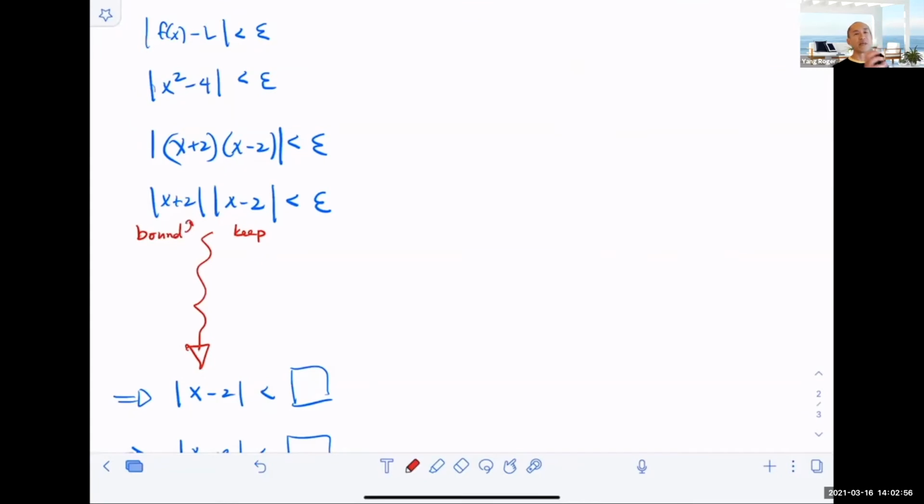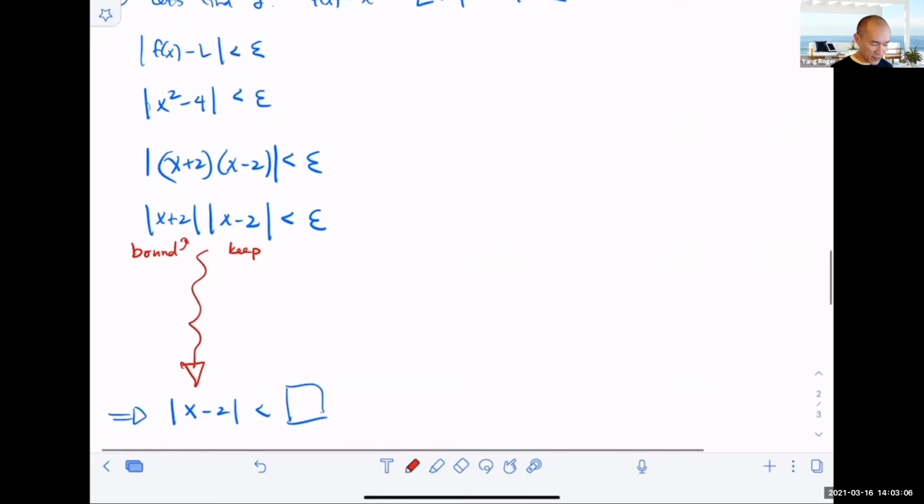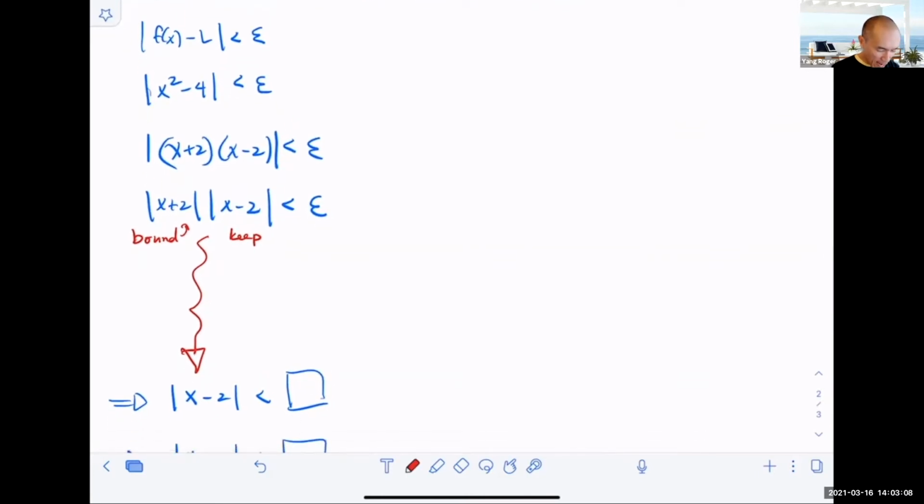To bound it means I want to say the biggest it can be is this. Okay. So how am I going to do that? What I'm going to do is something that's kind of interesting. I'm going to draw a little number line like this. This is my value of 2. That's the a.